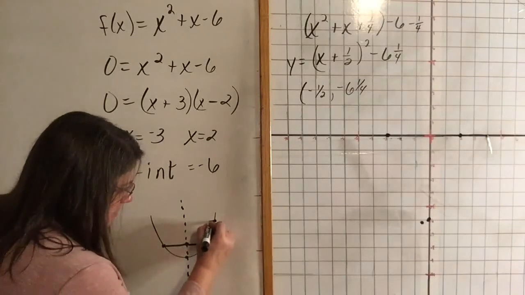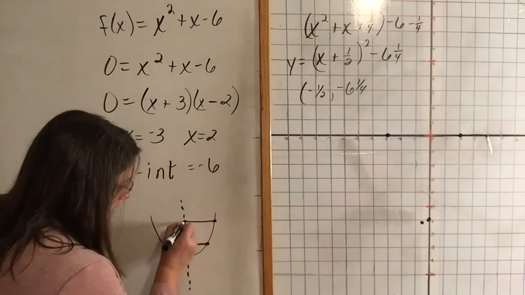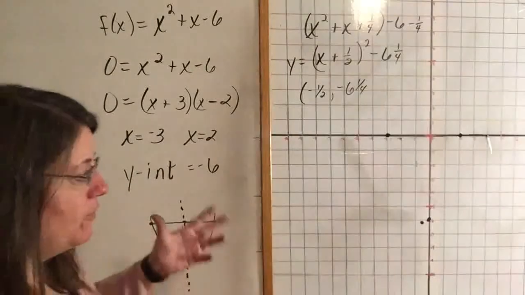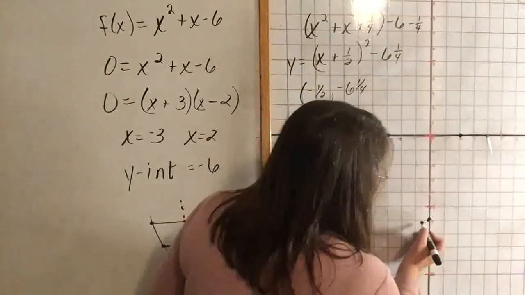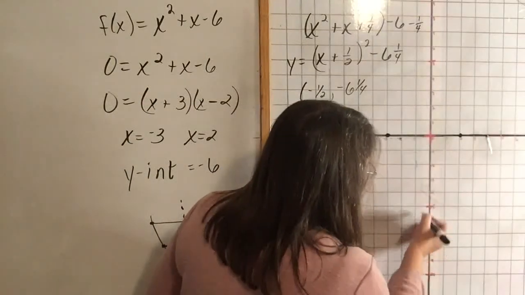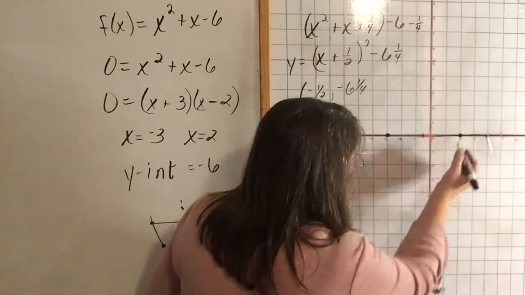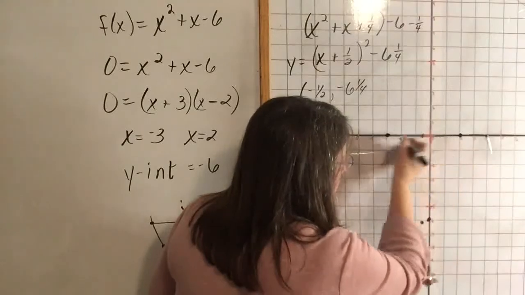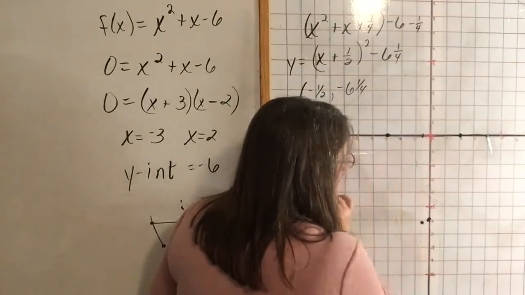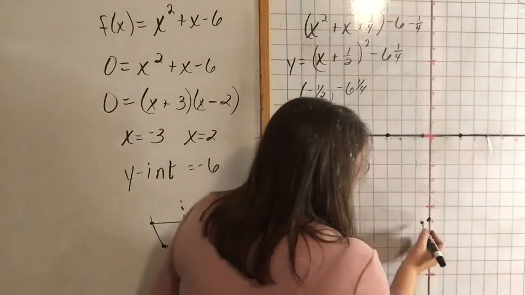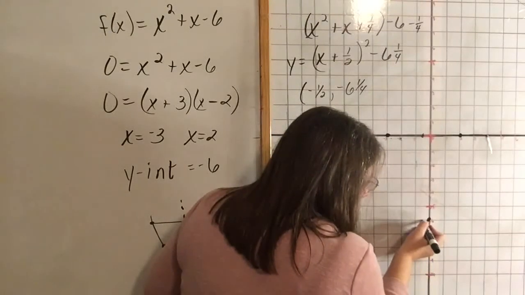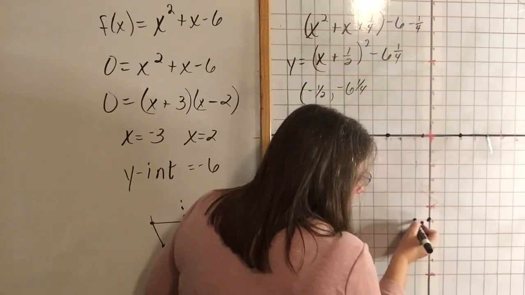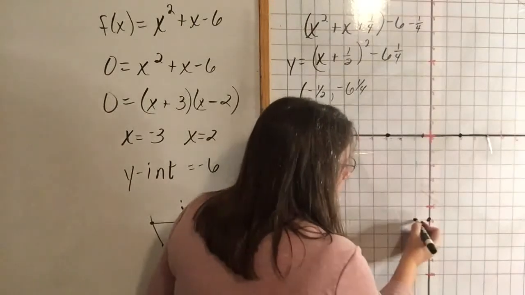This point is the same distance to the axis of symmetry as this point over here. So parabolas are symmetrical. So if negative 1/2 is our center, well, that's 2 1/2 from that root, and this one is 2 1/2 from the other root. So it is symmetrical. So if this is 1/2 from the vertex, then the other half on the other side is also on the vertex.